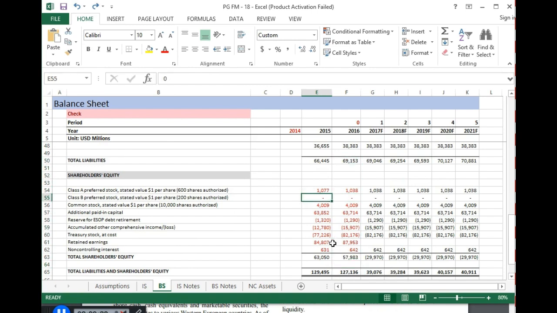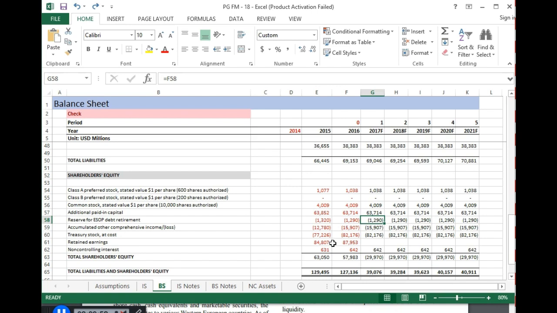Going down, equity, assuming no additional shares are issued, no shares are bought back, remains constant. Common stock remains constant, assuming there is no buying or no selling. Additional paid in capital stays constant, no new capital being raised. Reserve for ESOP, that requirement.